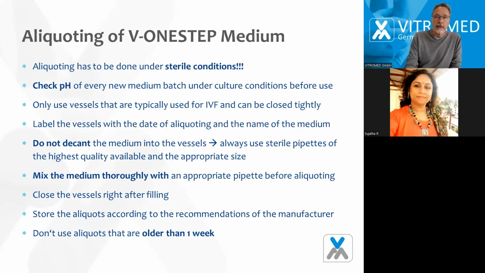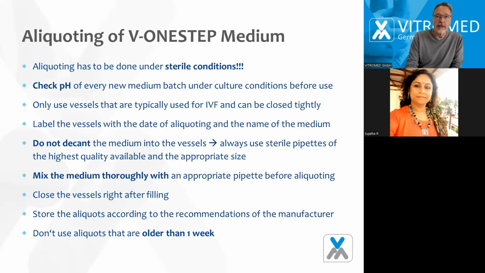And before you fill the fresh medium out of the original bottle into vessels, check the pH under culture conditions before use. So if this is okay, then you can be sure that you can use this medium out of the aliquots and it will work. If not, then call the company.